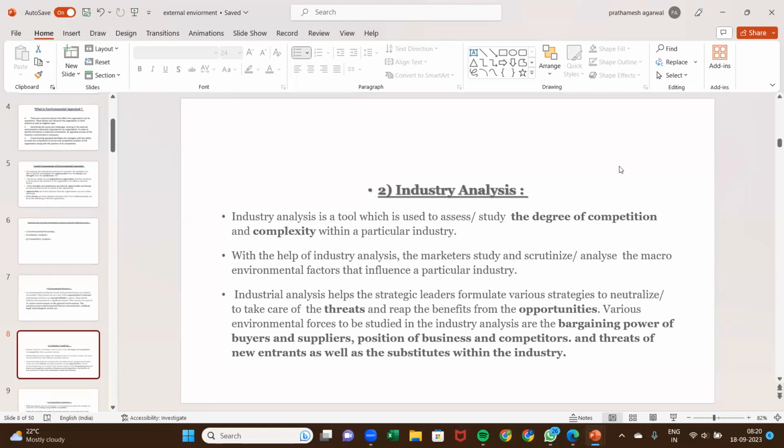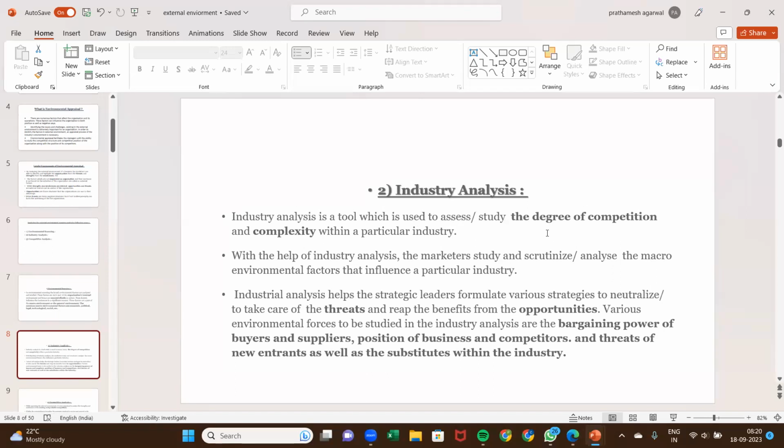All right. Industry analysis. The industry analysis is a tool which is used to assess or study the degree of competition. See, competition is there. Like example, if I tell you, okay, you have scored A plus, we know that you have scored A plus. But in that A plus, what is your percentage?